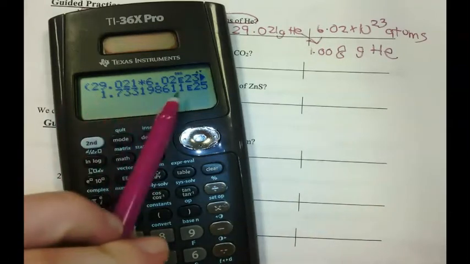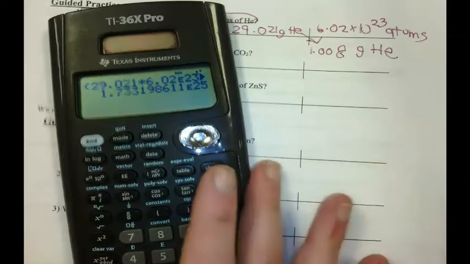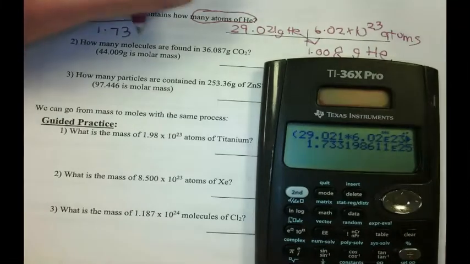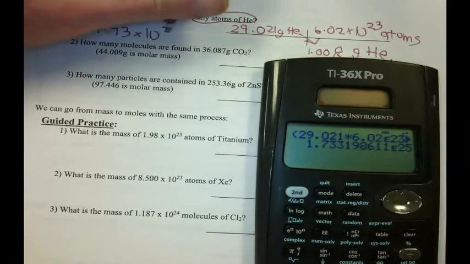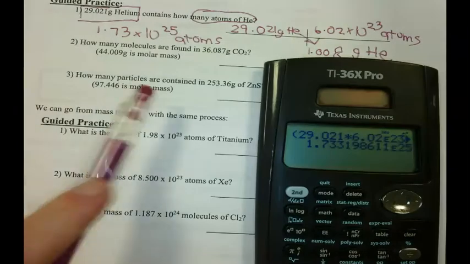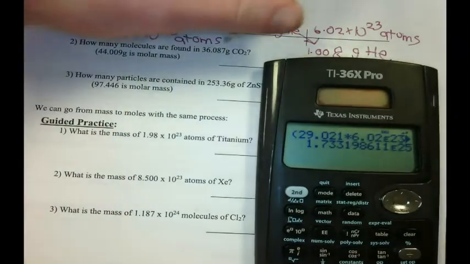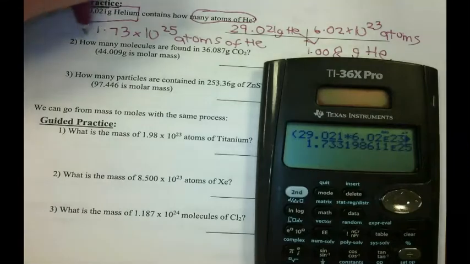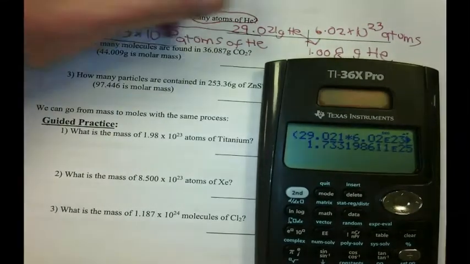It's not necessary to write all those digits. So my answer is 1.73 times 10 to the 25th atoms. Remember, you have to include your unit of He. So my full completed answer needs to include the units.